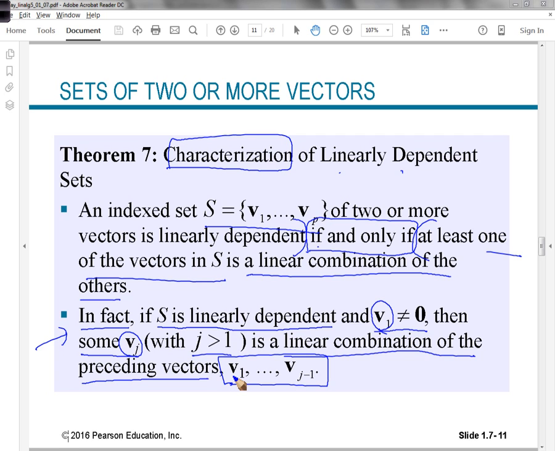Okay, so when thinking about this linear independence or dependence, we thought about the scenario where we gradually add one vector at a time, right? So suppose I give you like 100,000 vectors, right?